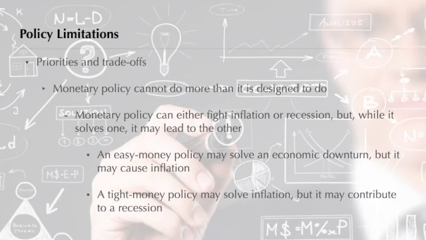For example, an easy money policy fights the problems of recession, but often causes an increase in inflation. Conversely, a tight money policy is effective in combating inflation, but it tends to decrease business activity and contribute to recession. The Fed must weigh trade-offs and establish priorities for the nation's various economic challenges to develop an effective economic policy.